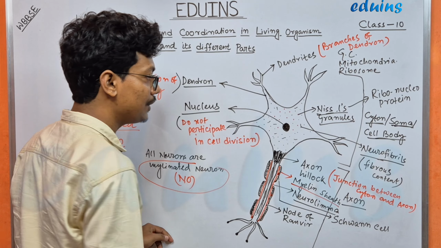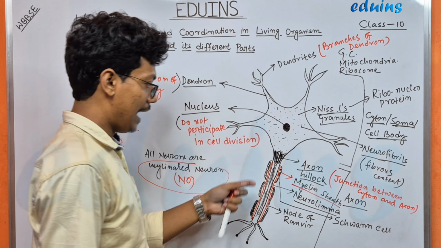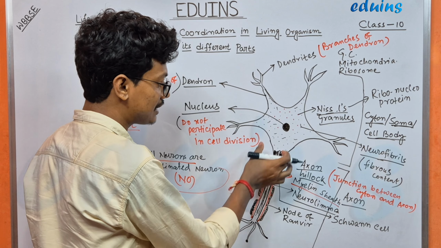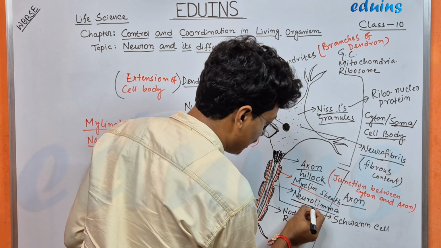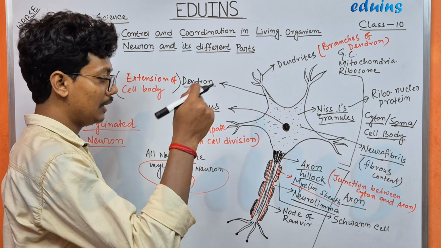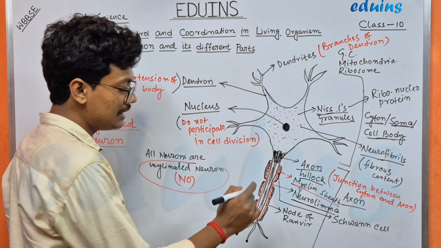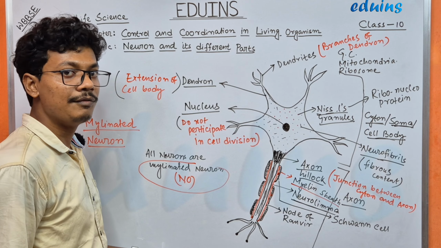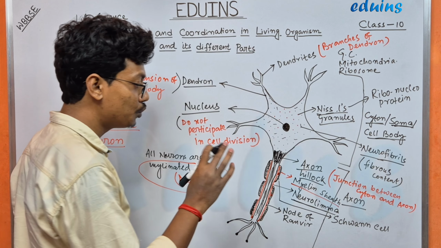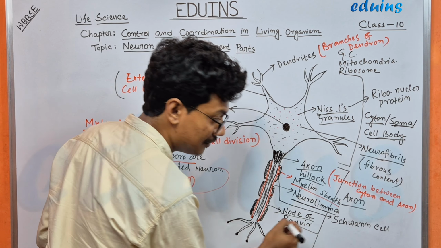The junction between cell body and axon is known as the axon hillock, and the axon contains nerve fibers covered by a layer called neurolemma, which is further covered by a coating layer known as the myelin sheath. This myelin sheath contains a special cell called Schwann cell. Between the junction of two myelin sheaths, the neurolemma part is known as the node of Ranvier.